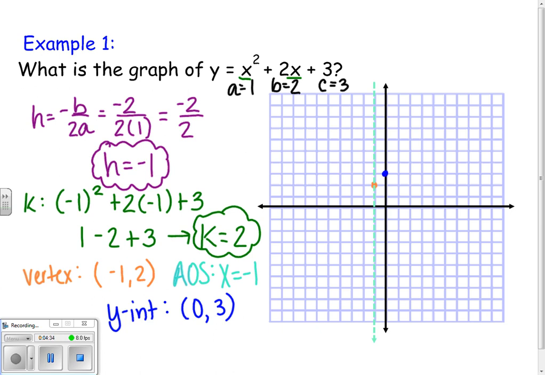And then I'm going to use that axis of symmetry to mirror it over. So if I mirror that 0, 3 over to the other side, I get the next point. And then all you need to do is connect them with a U and not a V. I always like to double check to make sure it opens up and is stretched or compressed appropriately, and this one is. So you're all done.